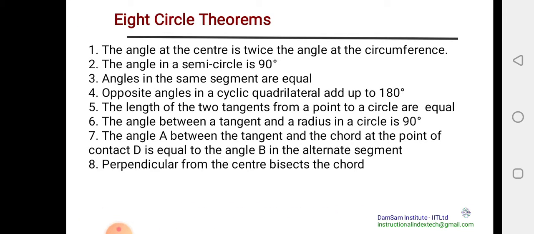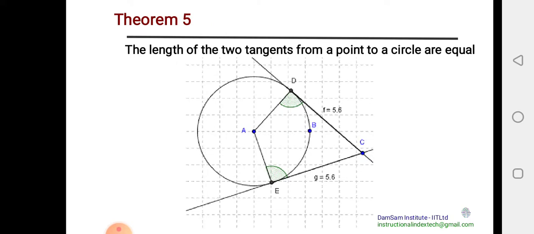Let's move on to number 5. The lengths of the two tangents from a point to a circle are equal. What do we mean by this? Look at tangent CD and tangent CE. The lengths of these two tangents are equal, provided that they are both tangents to a circle.